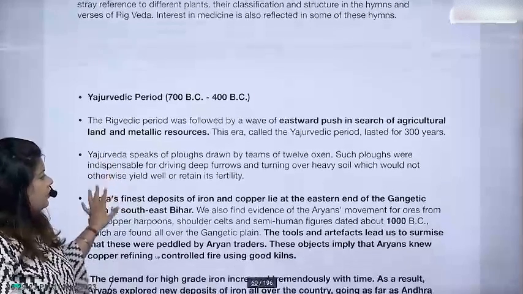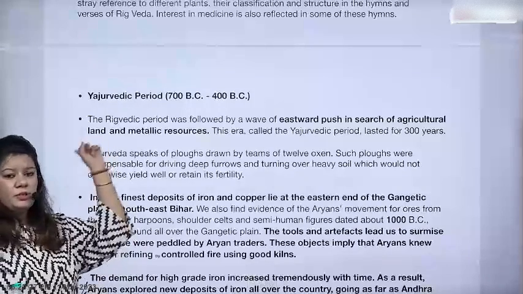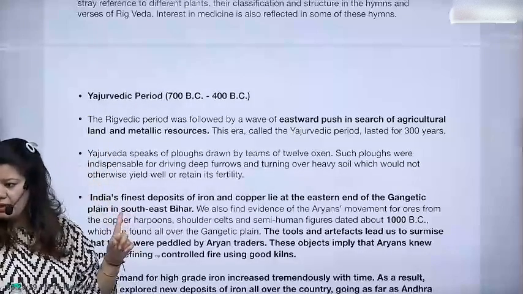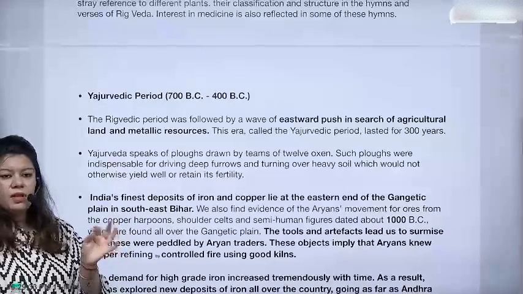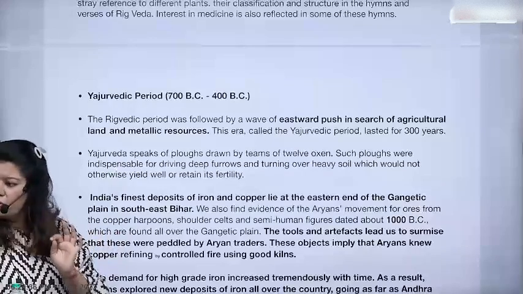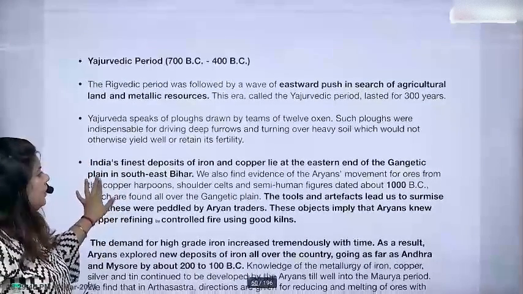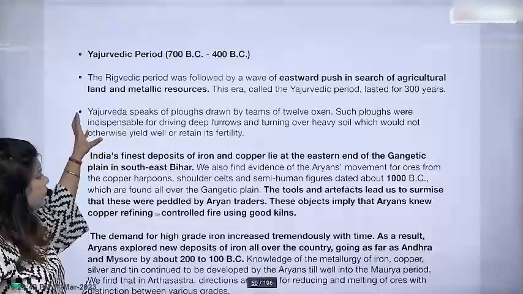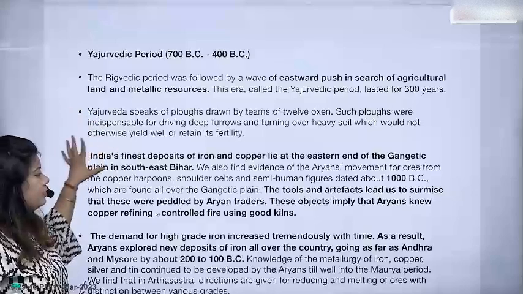700 to 400 BC. Don't get confused. If you're not able to understand this, just resort to the simpler understanding which I gave you, which is also found in the NCERTs. 1500 to 1000, 1000 to 600 and 600 to 300. ठीक है? So Yajurvedic phase में क्या होता था? Basically, it was in search of agriculture, land and metallic sources.